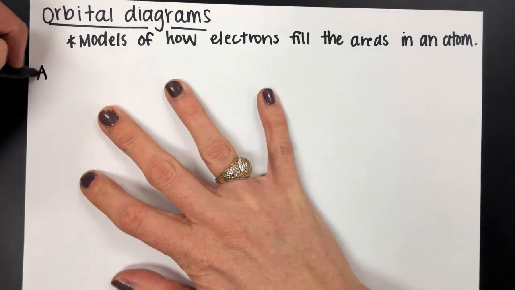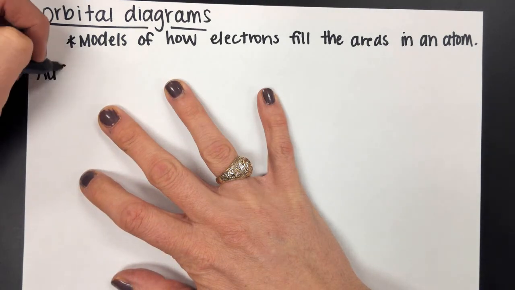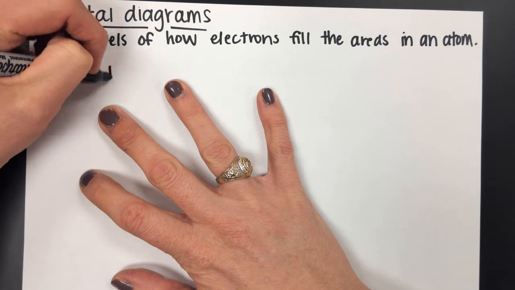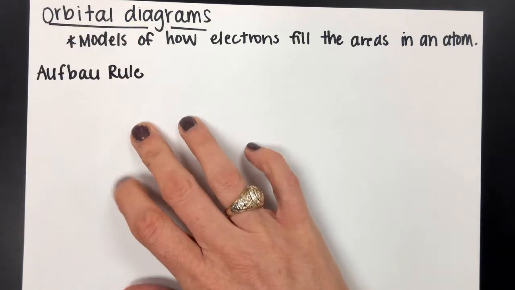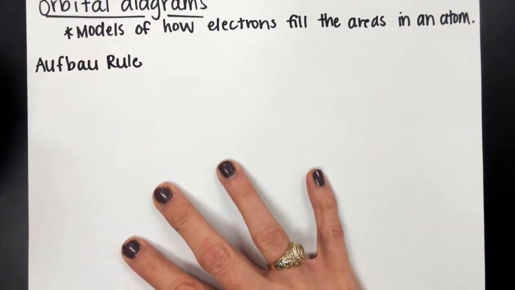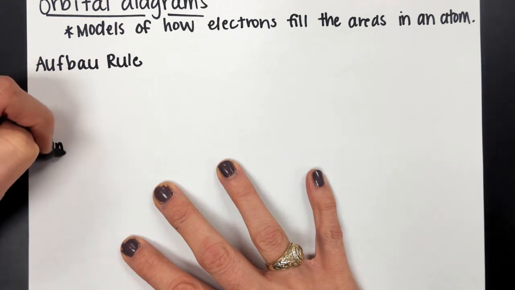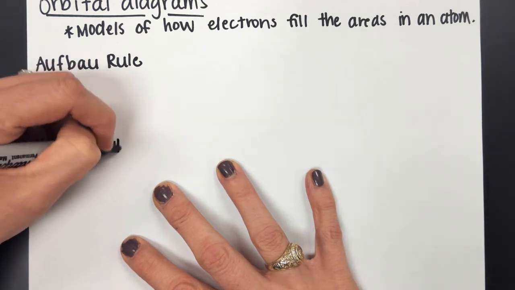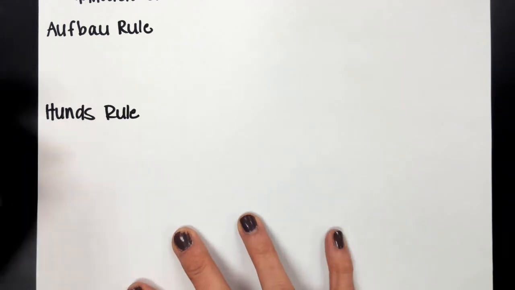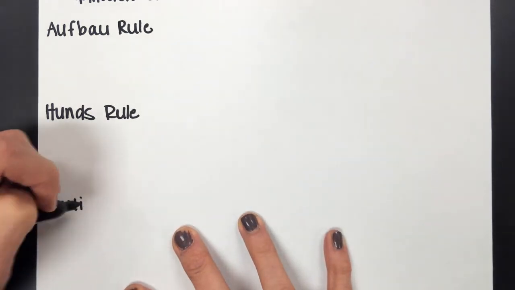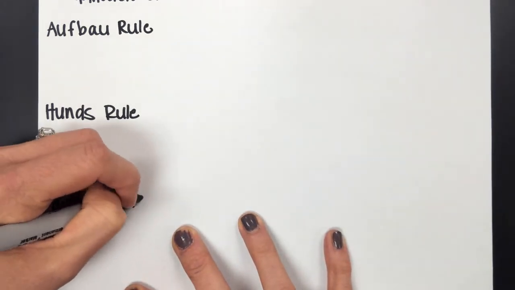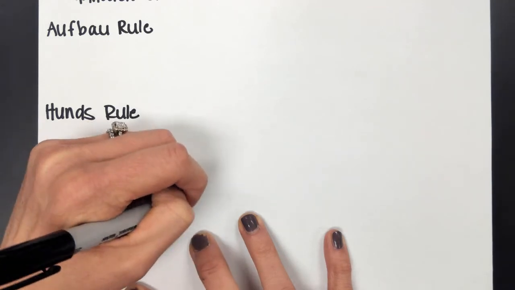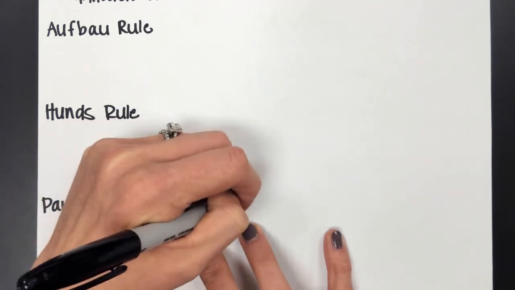Okay, you have the Aufbau rule, we have the Hund's rule, and we have the Pauli exclusion principle.